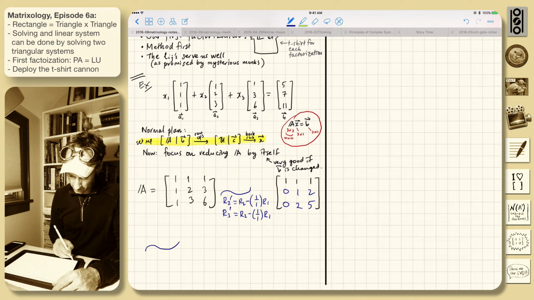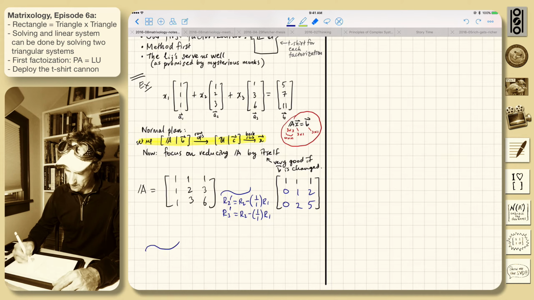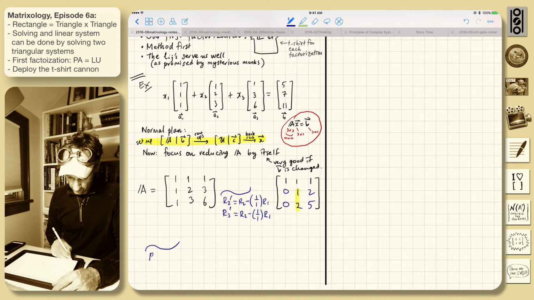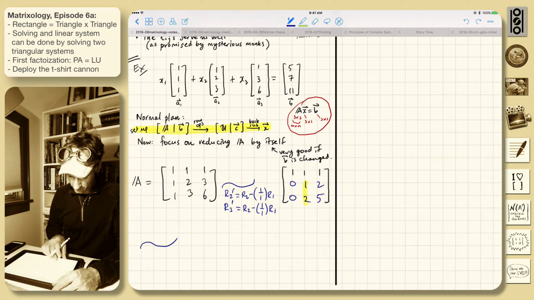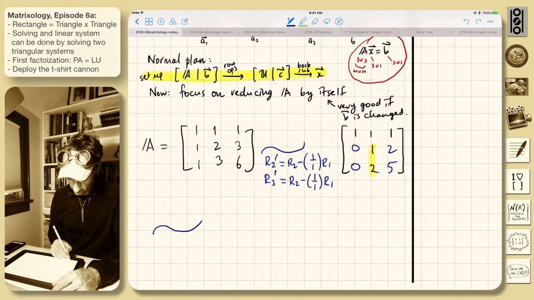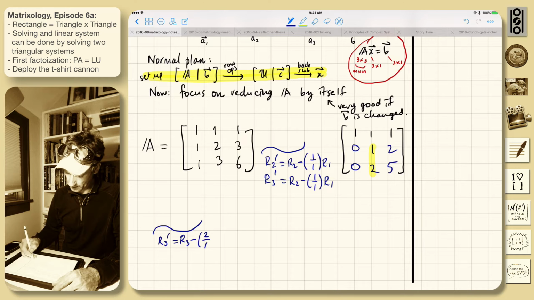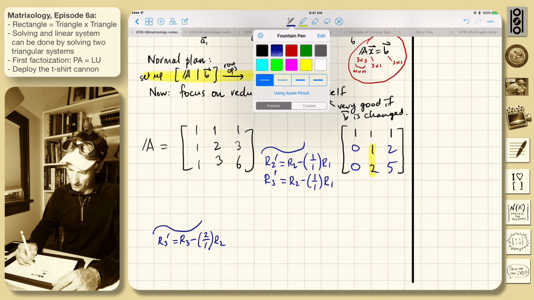Again with the row operations. Now we're concentrating on this piece, and it's going to be row 3. You know what to do. Row 3 prime is row 3 minus 2 over 1, because we're trying to get rid of the 2 that goes on top. We're using the pivot, times row 2.